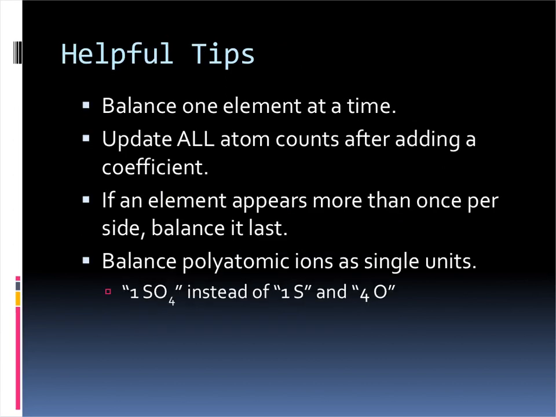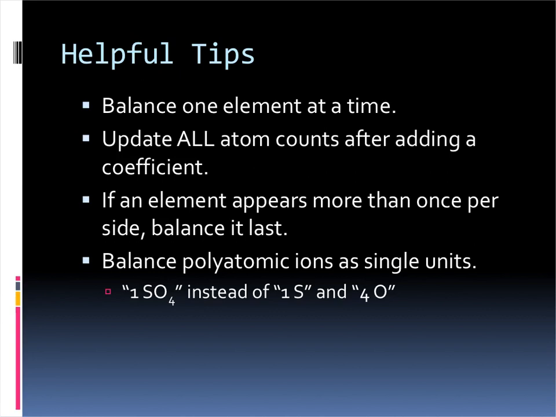All right, I also wanted to throw some helpful tips in here for you. Always balance just one element at a time. Don't try to balance more than one or you get confused and it just gets crazy. Make sure you update all your atom counts after you put your coefficient in front. So when you put that coefficient in front, make sure you go down there and update how many you have.